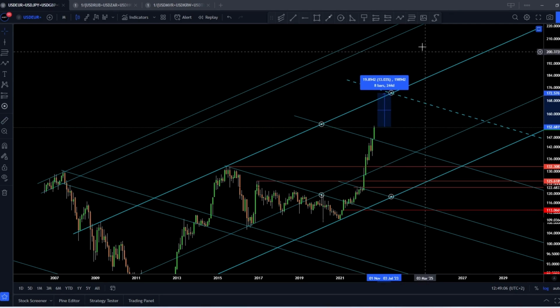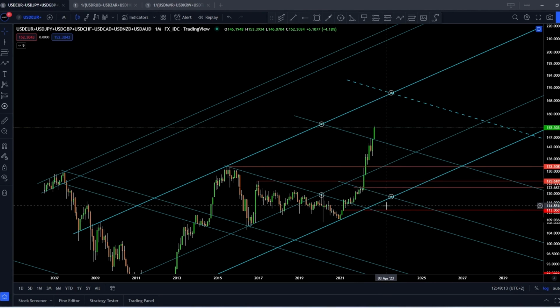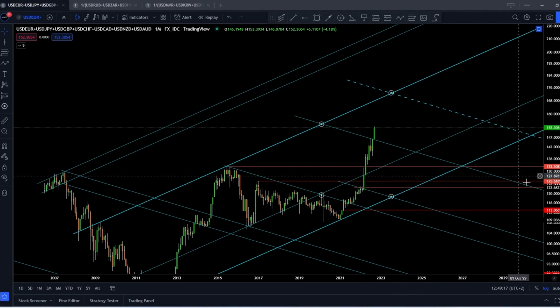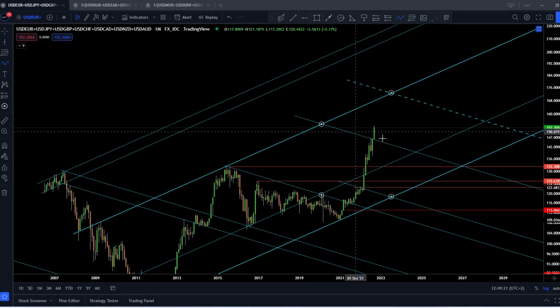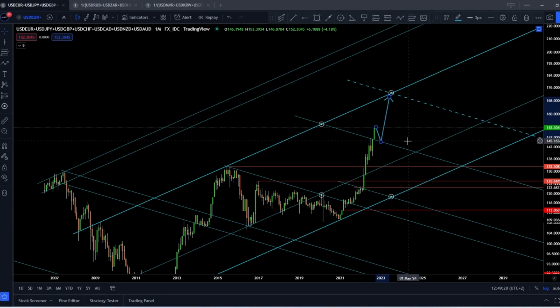Okay, so these new lines give us also now an idea where we can retrace back to and where we can go in terms of continuation of this major trend here. Okay, we could correct here to this and go straight to the target.